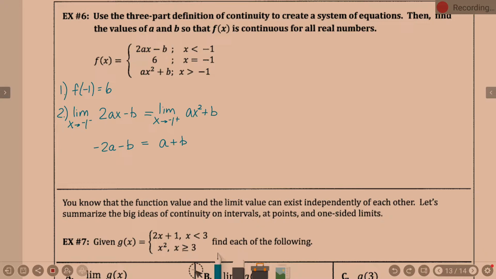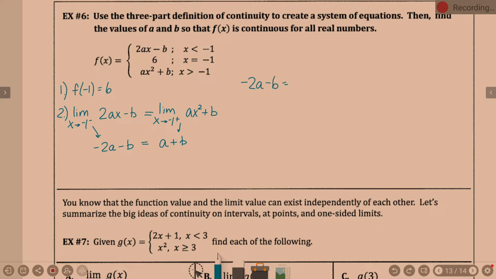Okay, so the idea is we have this limit equals this, right? Limit from the left equals limit from the right, which also equals what? This point of 6, yes? If that is the case, then that means that -2a minus b has to equal what? Because right here, we can't really solve this, can we? We're going to get an a and a b no matter what we do.